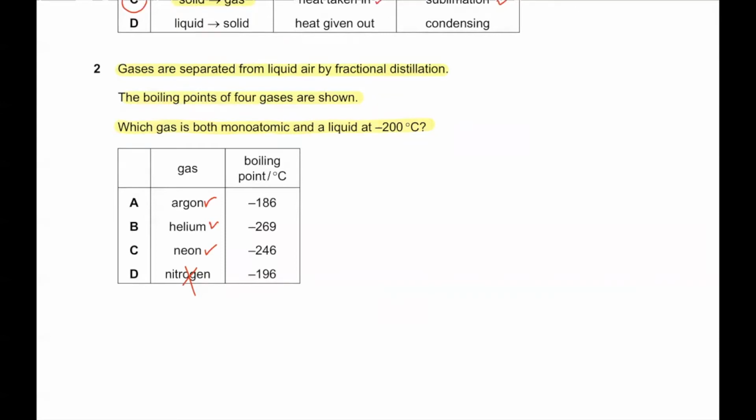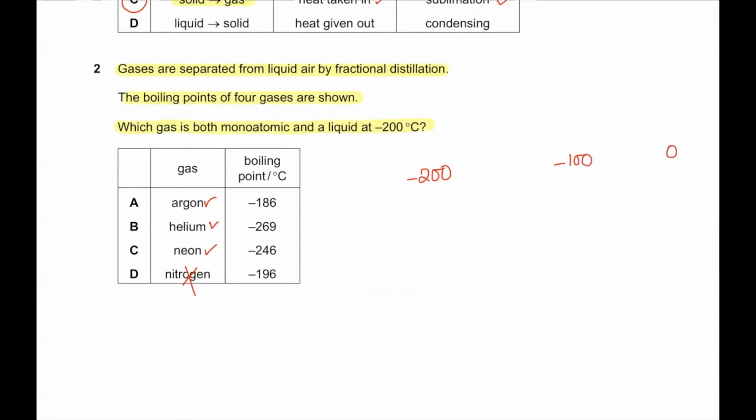Now, anything that is liquid at minus 200 degrees Celsius: on the scale, we have minus 200, minus 100, and 0.